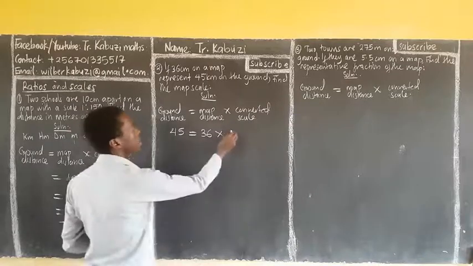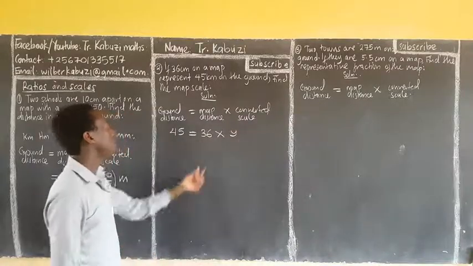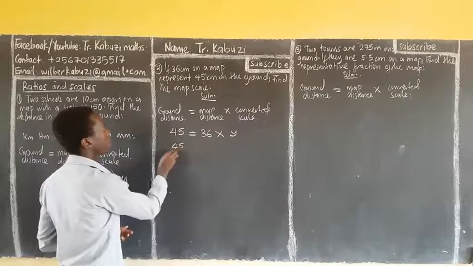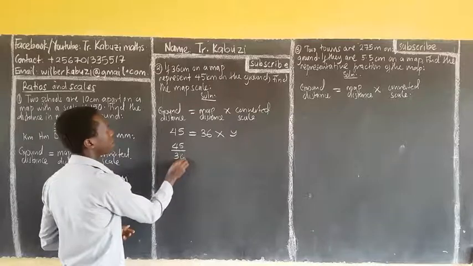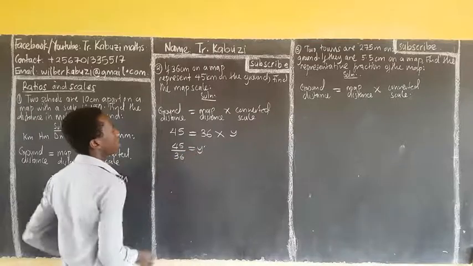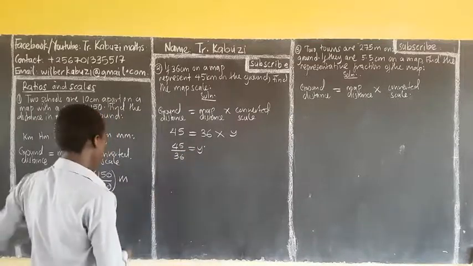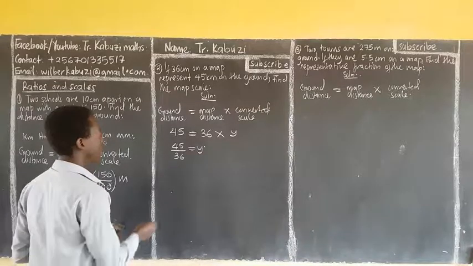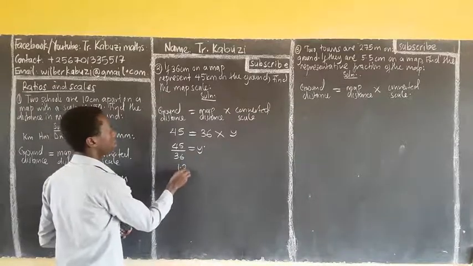Let me call the scale y. So 45 over 36 equals y, and 45 divided by 36 is 1.25.